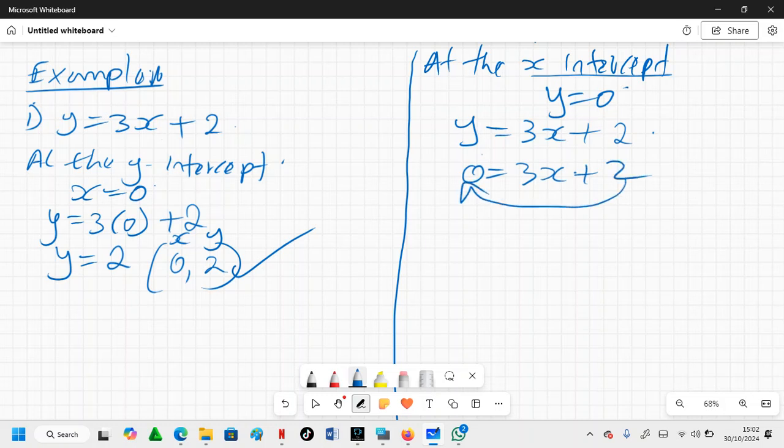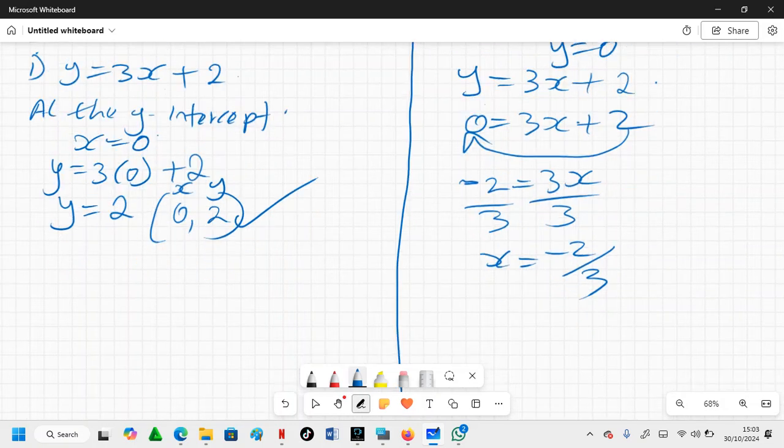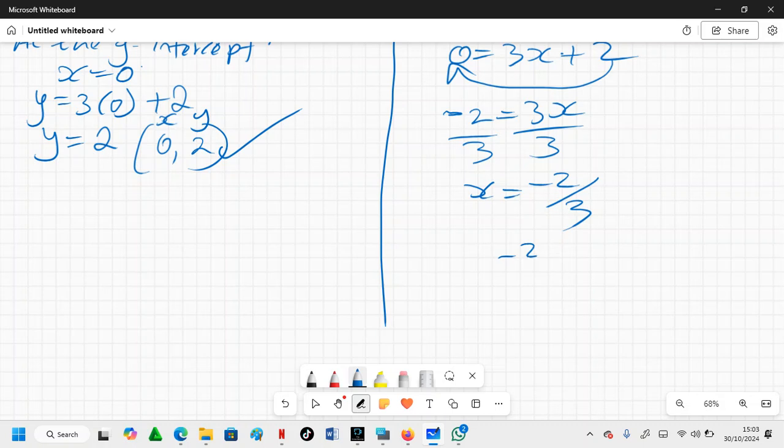Taking this one to the other side, you'll find that negative 2 is equal to 3x, over 3 over 3. So x is equal to negative 2 over 3. So you say that negative 2 over 3, that is x, and y is 0.